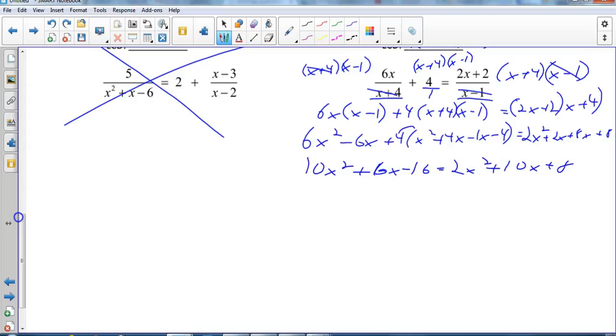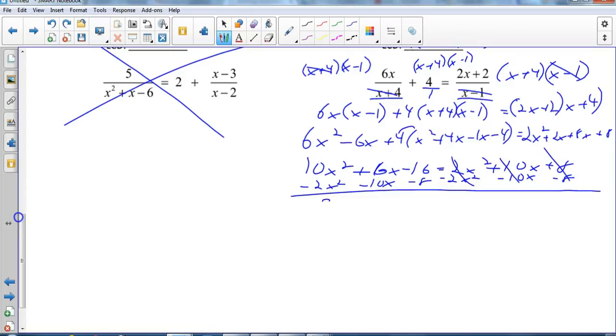Now we move everything over to the left side. We're going to minus 2x squared, minus 10x, and minus 8. Now we're going to end up with 8x squared minus 4x minus 24 equal to 0.